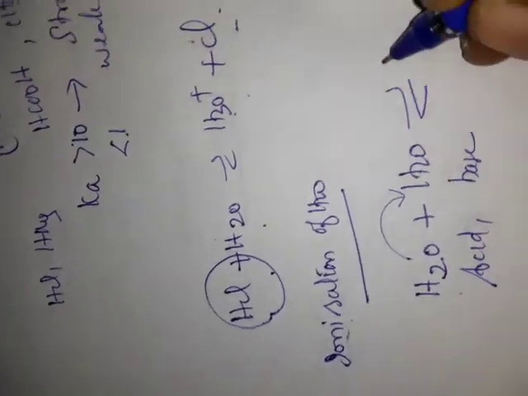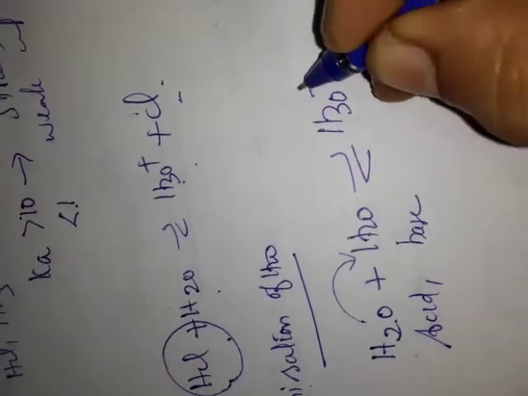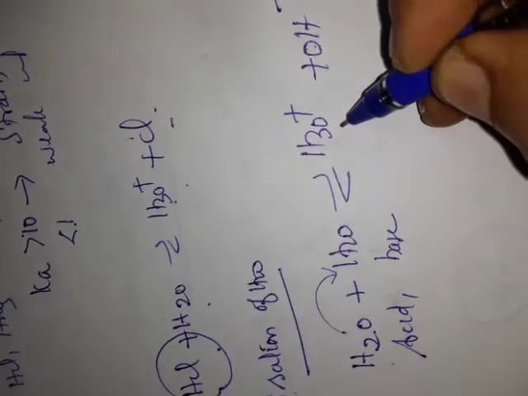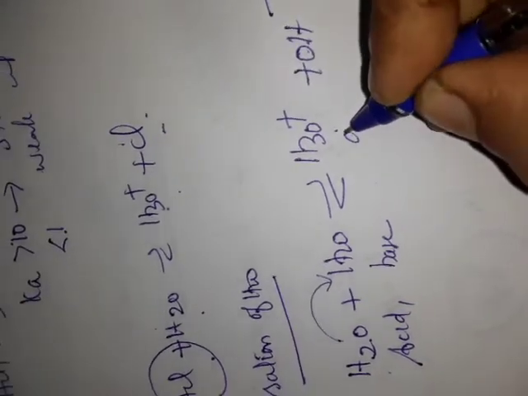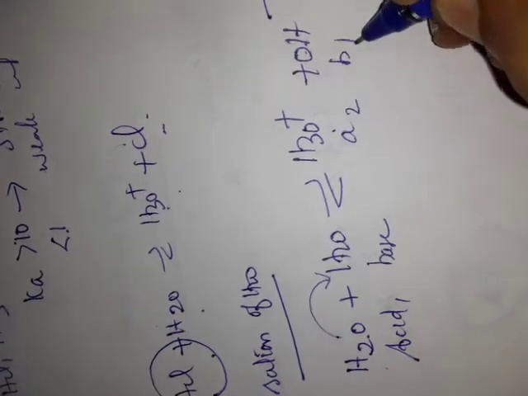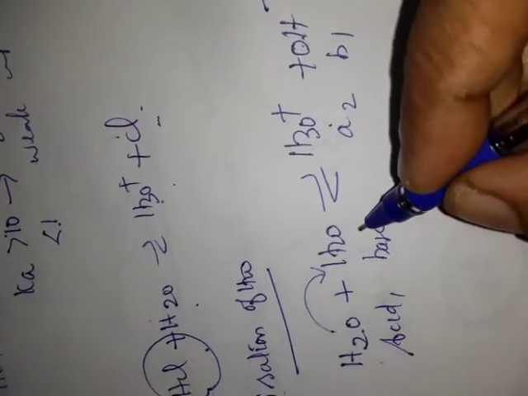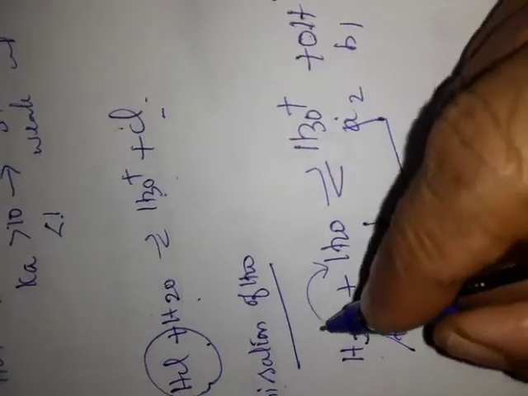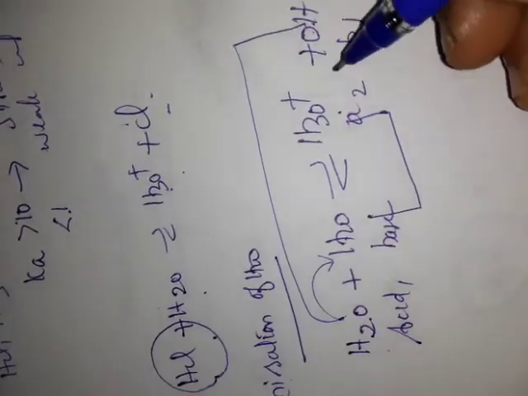Now this is accepting a proton, forming H3O+ and OH-. Then this one donates a proton back, so it is acid 2 and base 1. So these two are conjugate acid-base pairs and these two are conjugate acid-base pairs.